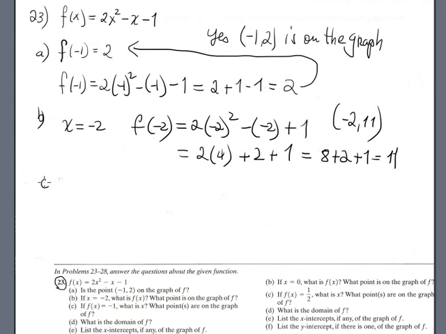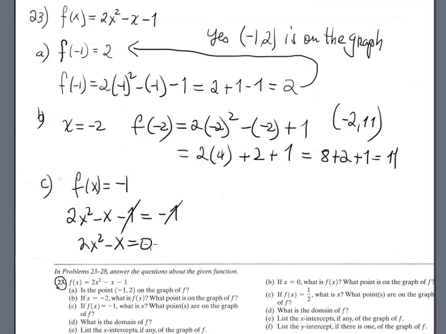Now, the next question. If f of x is equal to -1, what is x? When you take the original equation, 2x squared minus x minus 1 equals -1, you cancel out, and it becomes 2x squared minus x equals 0. You solve this elementary quadratic equation by factoring.